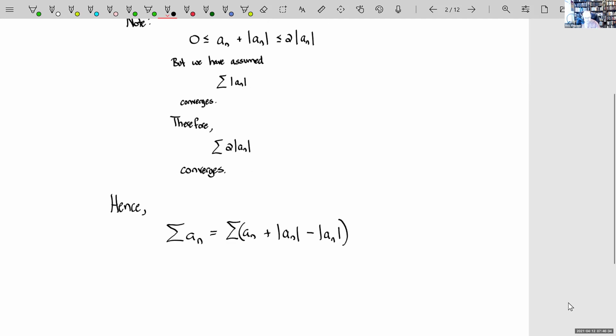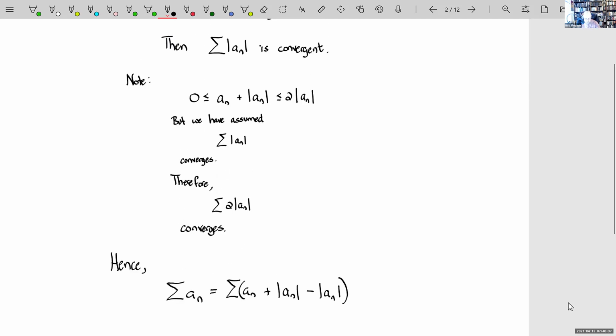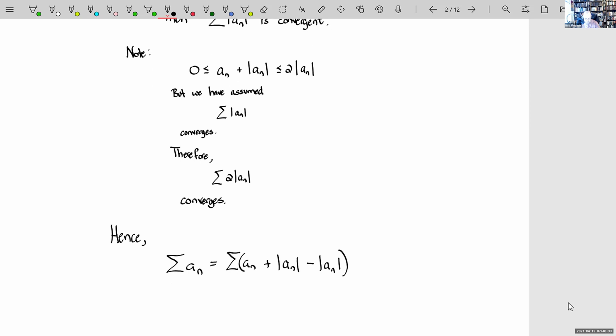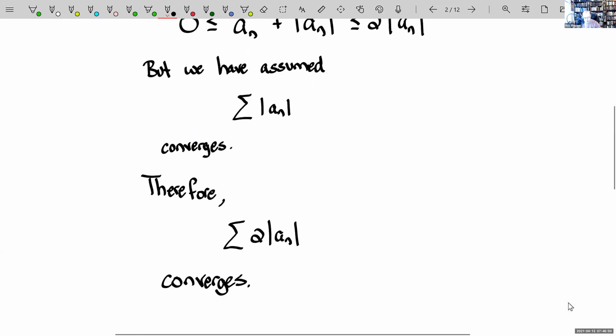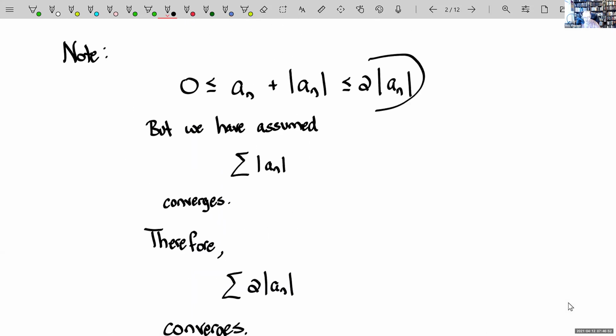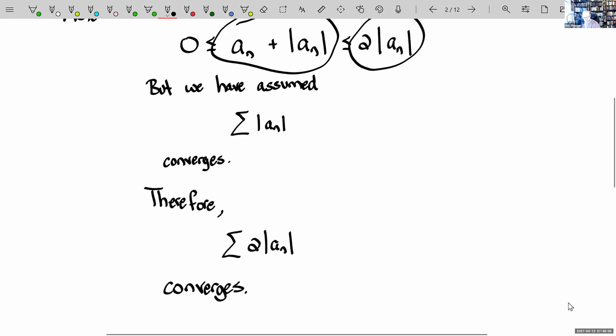And actually, I don't know if I actually need that twice a sub n in there. Oh, no, I don't. I could just do a series comparison test, right? So if I happen to know that this converges, then I know this converges, right?